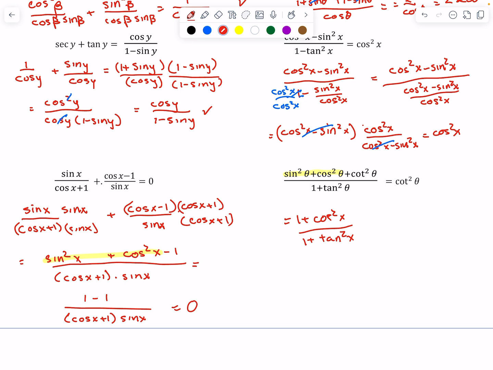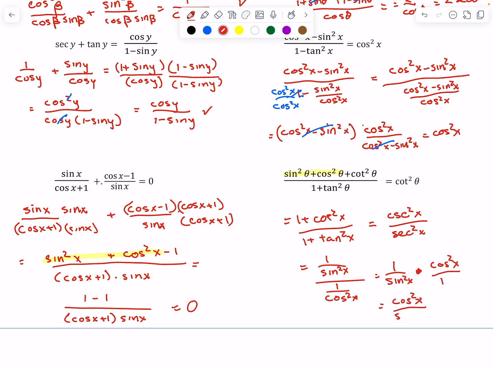Okay. Keep change flip. Okay, so that one did work.